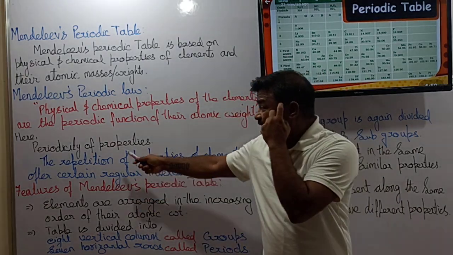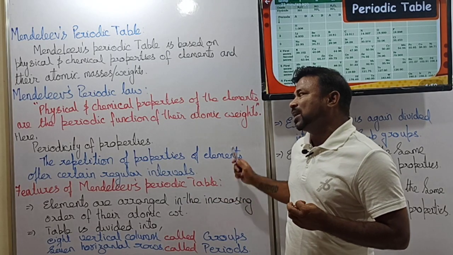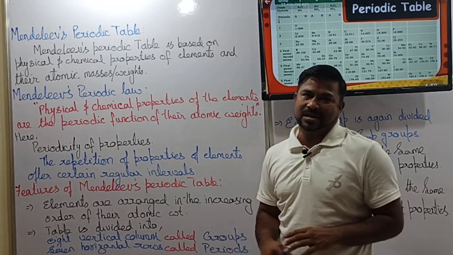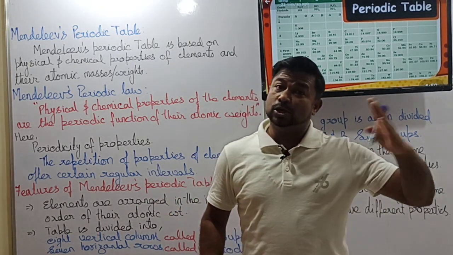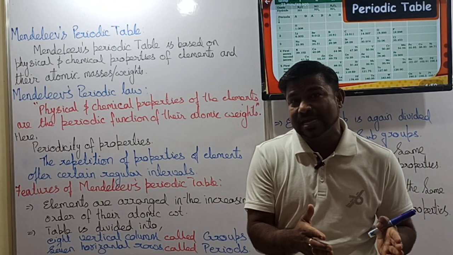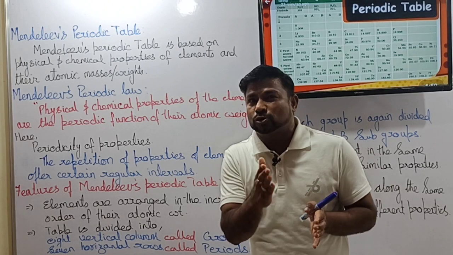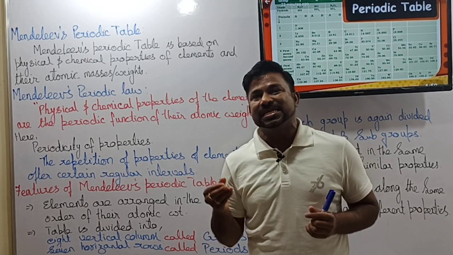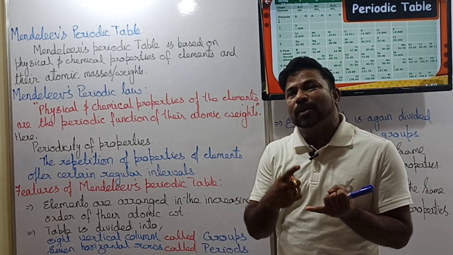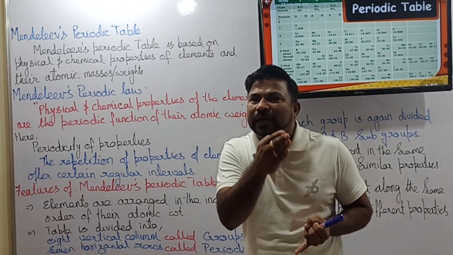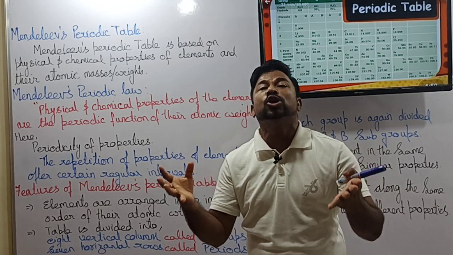That's what he says. The repetition of the properties of the elements after a certain interval, any interval. Newlands has taken an interval of 8, and here also he has a certain interval. I am talking about periodicity. Repetition of the properties of the elements at particular intervals is called periodicity.